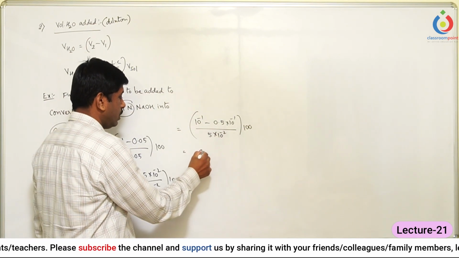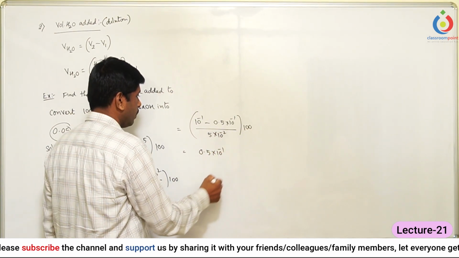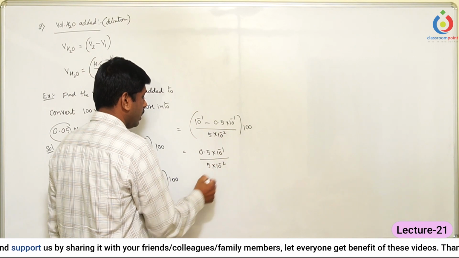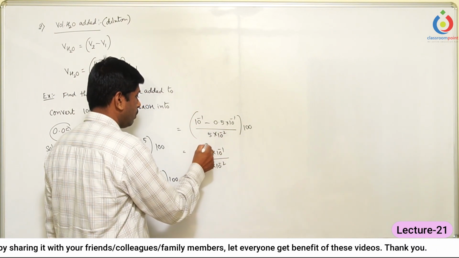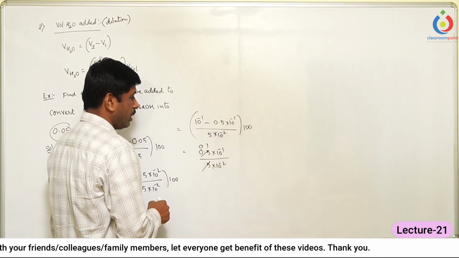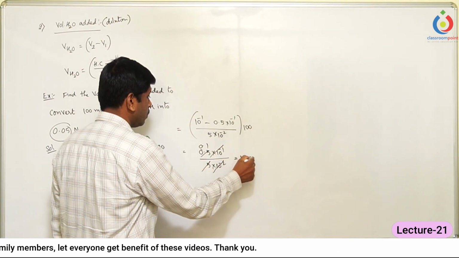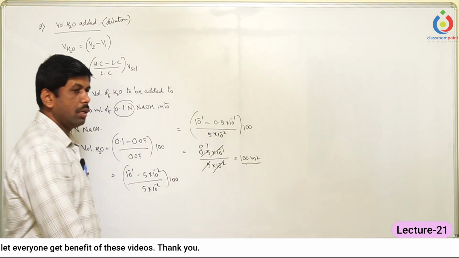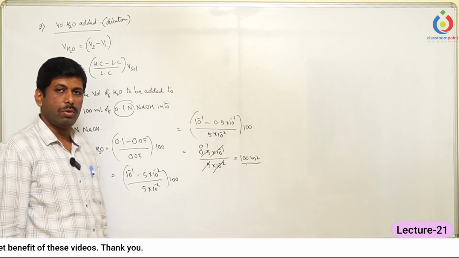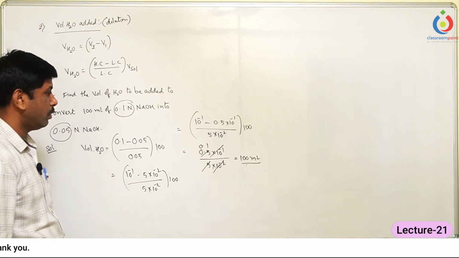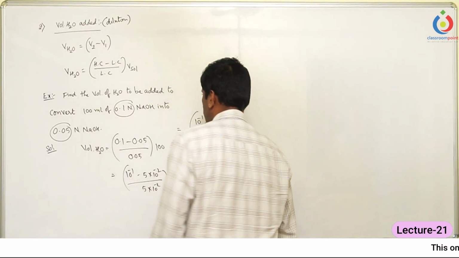So 0.5 into 10 power minus 1 divided by 5 into 10 power minus 2 gives 0.1 times, and the 10 power minus 2 terms cancel out. Finally, it equals 100 ml: that much extra water is required to convert 100 ml of 0.1 N NaOH into 0.05 N NaOH.